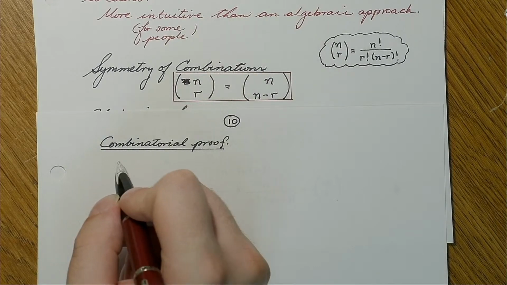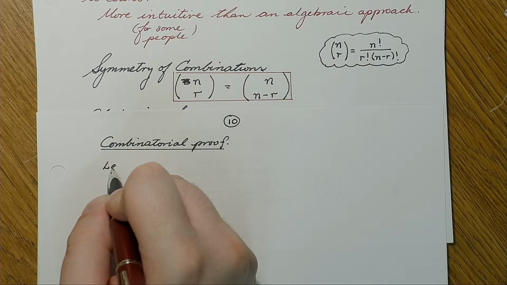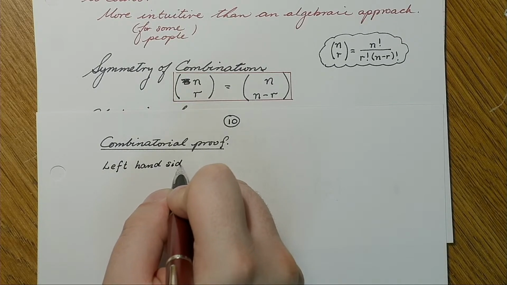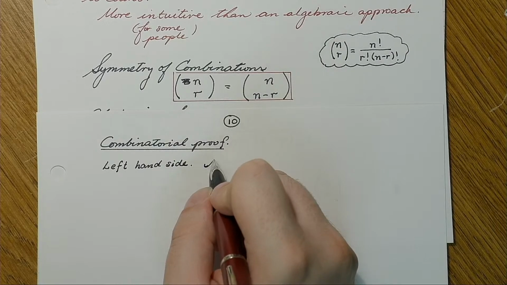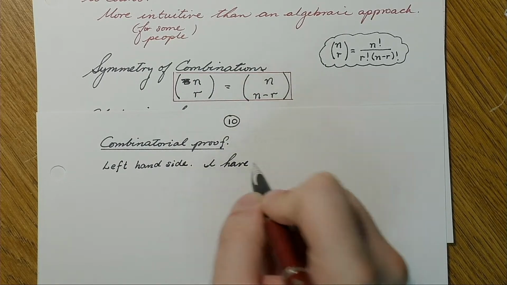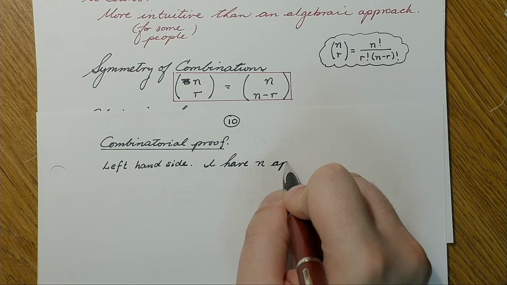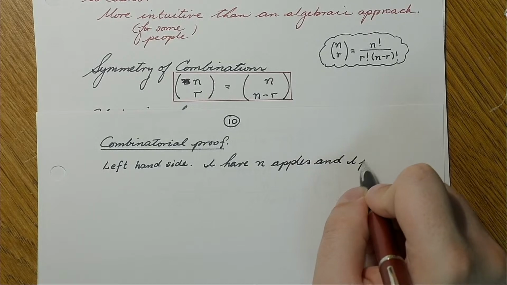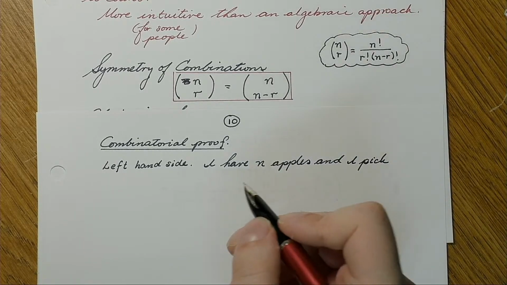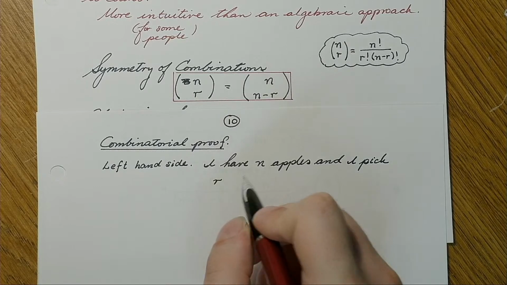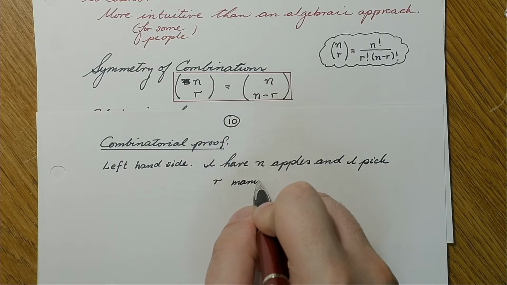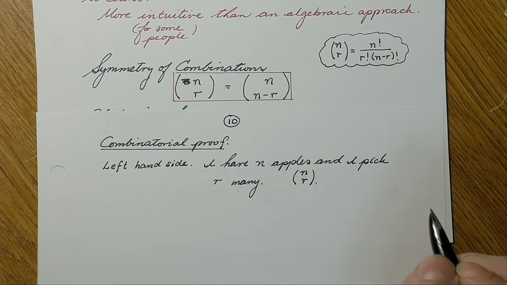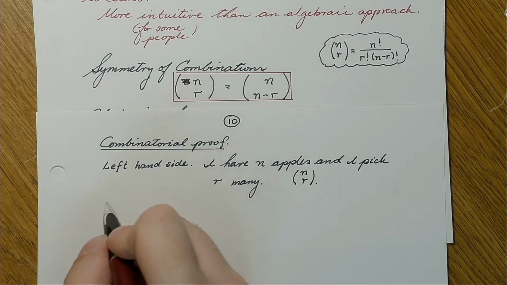So on the left-hand side, I have n apples, and I pick r many. So that is n choose r. So that's the left-hand side.